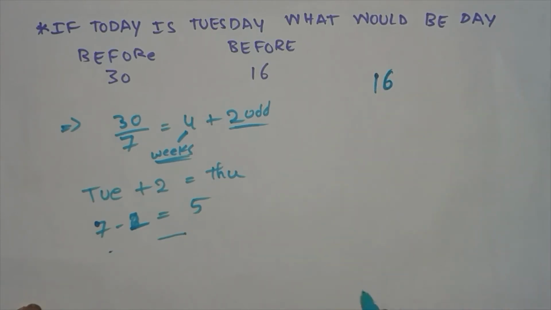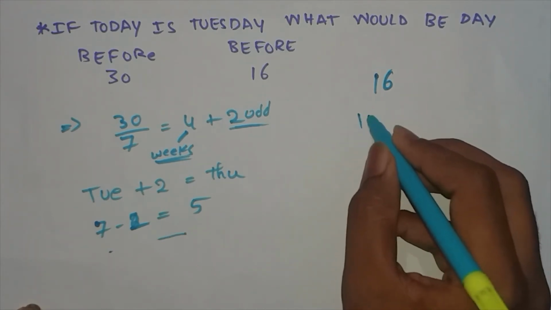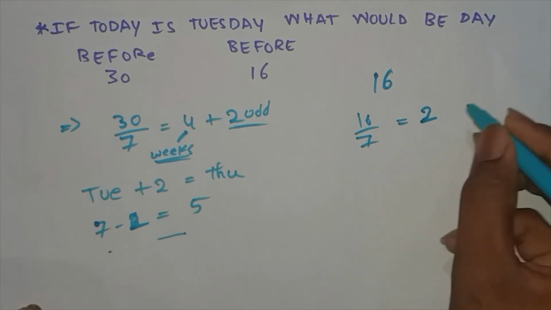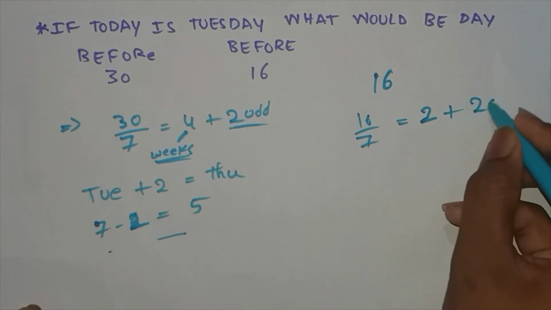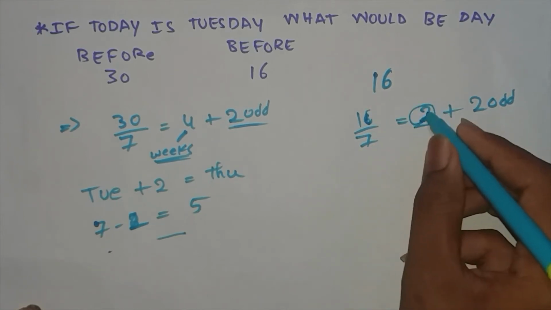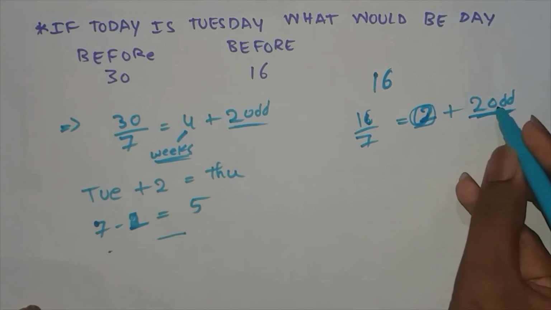Before 16 days means that is 16 by 7. 7 2s are 14 and I am getting 2 odd days. I will leave aside these 2 complete weeks. So I have to add or subtract these 2 odd days.